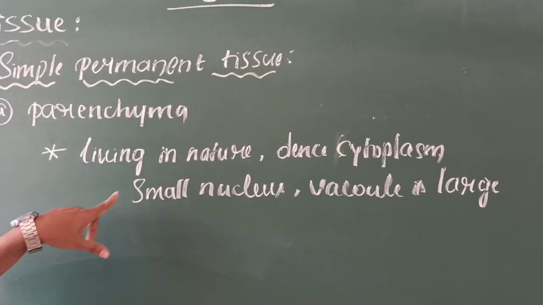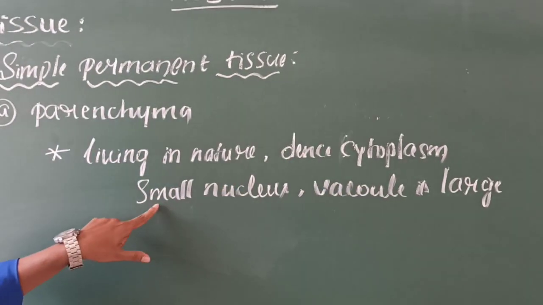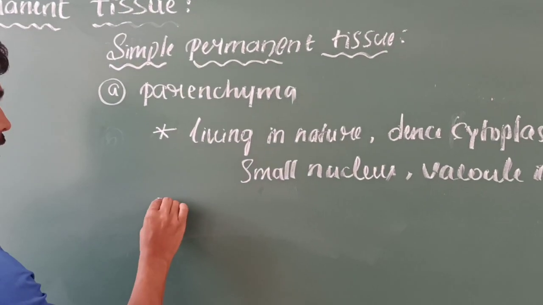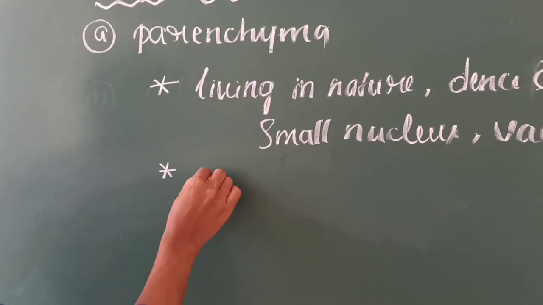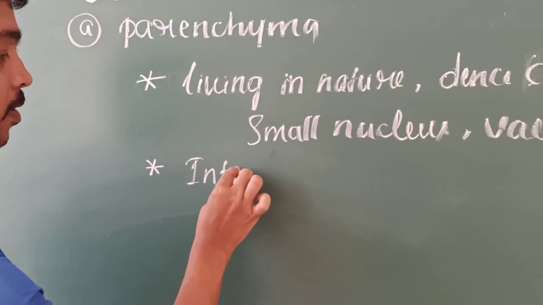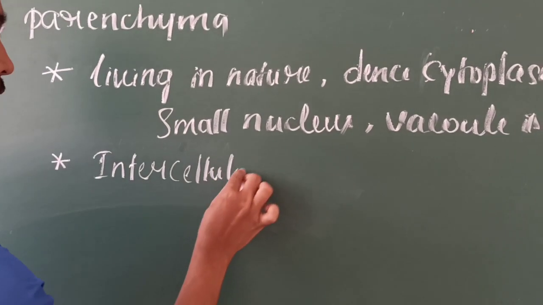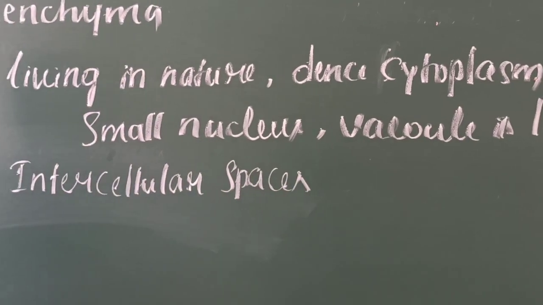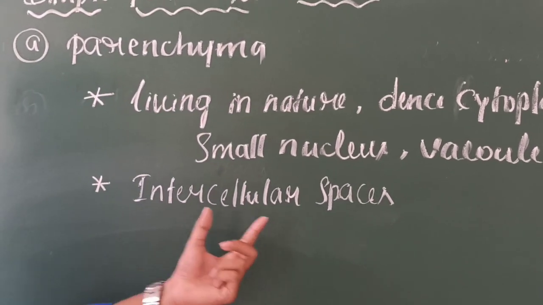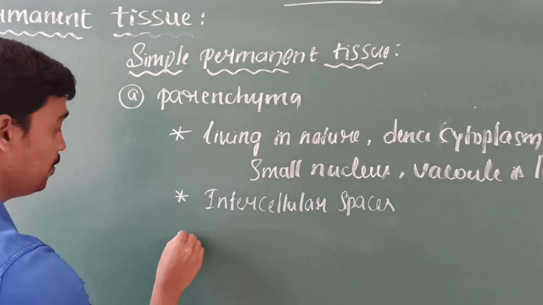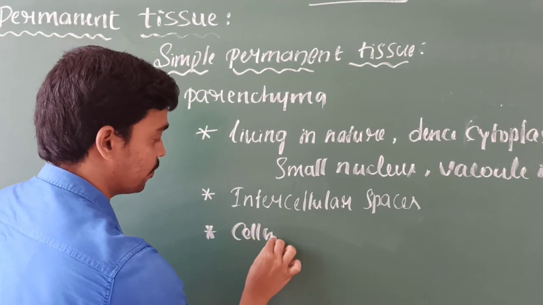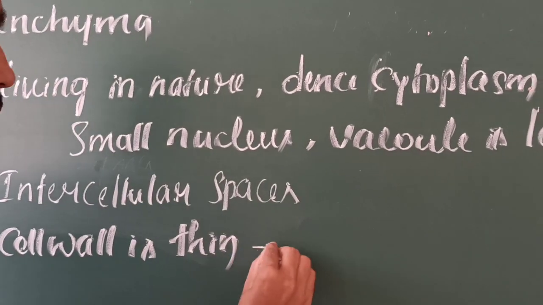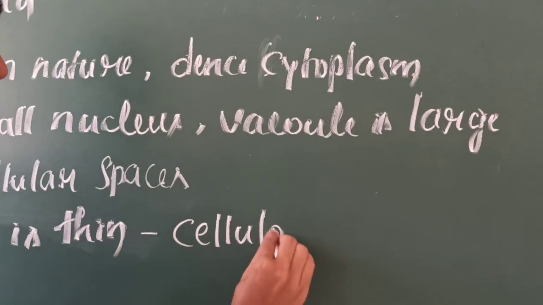The next characteristic is that they have intercellular spaces. There is a space between two adjacent cells, which is called the intercellular space. And then the cell wall is thin and made up of cellulose.